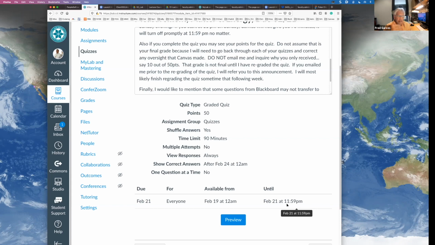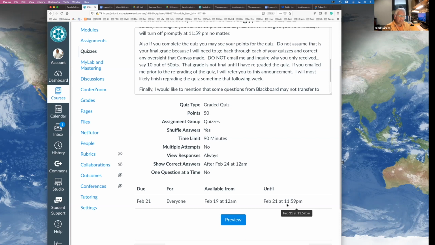If you're a DSPS student, then you're allocated more time. But once you open it and you answer the first question, it'll start counting down from 90. If you take a break, let's say you take about 30-minute breaks, then the clock still runs. You're going to have 30 minutes less to complete the quiz.